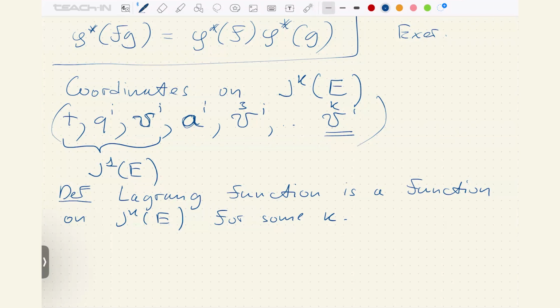Also, it's a space which gives a careful mathematical definition of what differential equations are. For instance, a system of ordinary differential equations, let's say, by definition, is functions.